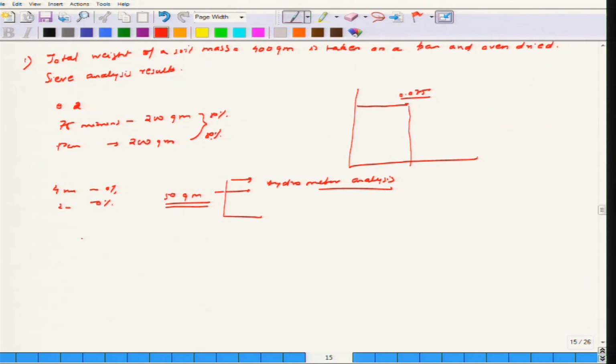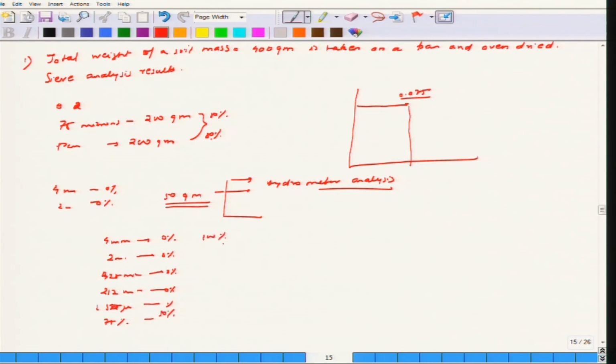So now the entire grain size distribution would look like this: 4 millimeter 0%, 2 millimeter 0%, then 425 microns 0%, because in all these cases the weight retained is 0, then 212 microns 0%, 150 microns 0%, and at 75 microns 50% has passed.